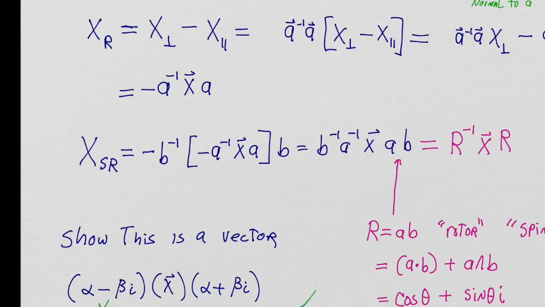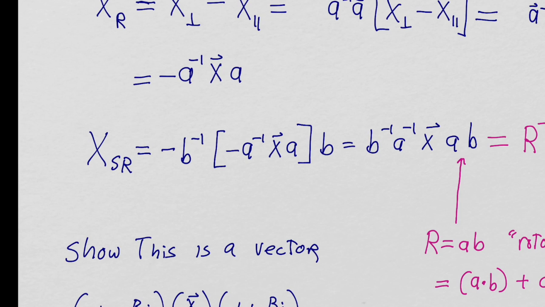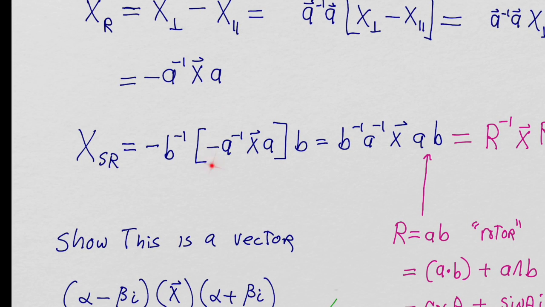So now that we've learned how to calculate the reflection through a hyperplane, as described by this formula, the next question is, well, what about two hyperplanes? Well, you just repeat the process, right? The reflection R is through the hyperplane orthogonal to the vector A, and S is the hyperplane orthogonal to the vector B. Well, here's X. This is X reflected through a hyperplane orthogonal to the vector A, and then multiplying by B and minus B inverse is taking the result of this and reflecting it again.